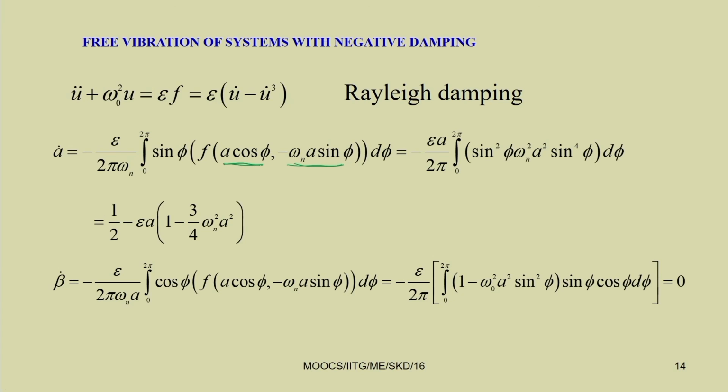We have this u dot and u dot cube. So, for u dot, the equation will be epsilon into u dot, that is minus omega n a sin phi, then minus u dot cube. So, then it will give rise to minus a cube omega n cube sin cube phi.